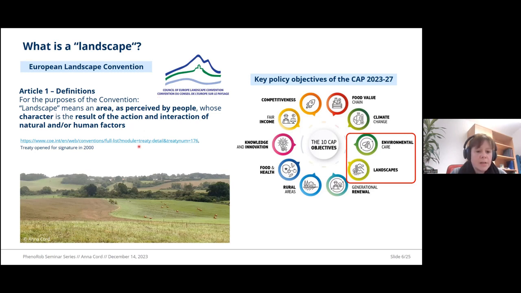And then the second part, and this is what we see if you look into German or European landscapes, is that it is the result of the action of humans and the interaction of natural factors, and that develops what we can do with these landscapes.